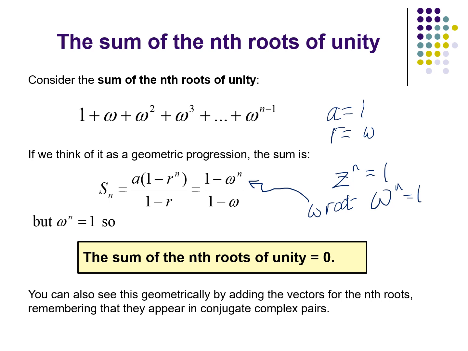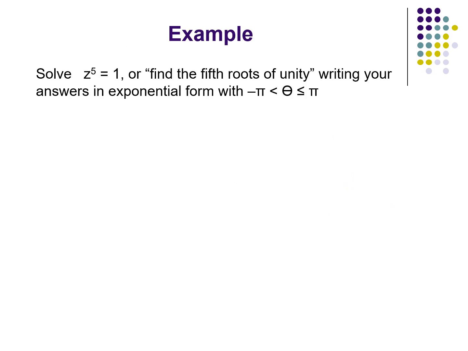Let's just do a couple of examples of those before we move on to the nth roots of any complex number. As I said to you, they can ask it in an exam question in a variety of different ways. They could say solve z to the 5 equals 1, or they could say in words, find the fifth roots of unity. You need to be aware that those both mean the same thing.